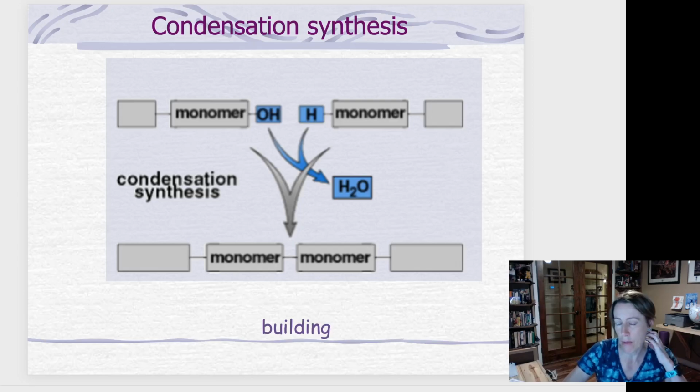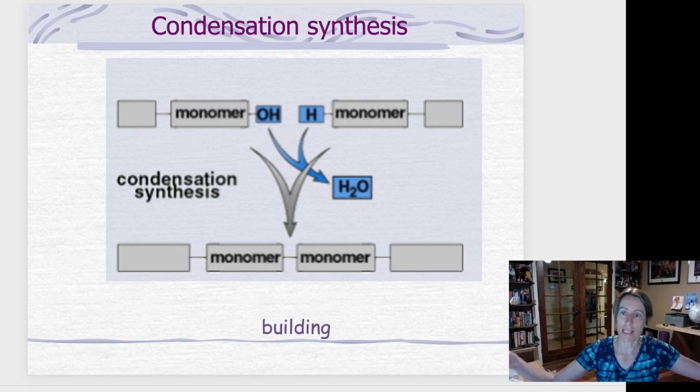So here's a kind of diagram of what's going on in condensation synthesis. So first of all, we have a monomer here on the left. Mono means one, right? Mono, like mono, bi, tri, quad. Mono means one. So the monomer is the individual bead or the individual one unit that you're going to take, like 100 of them, and join them together to make a long chain.